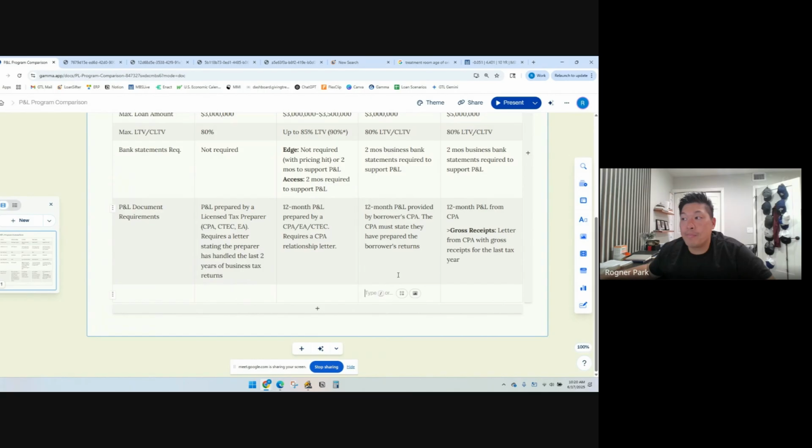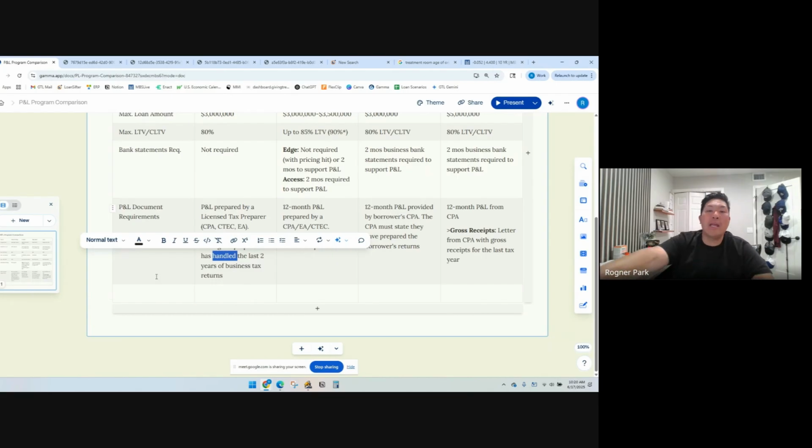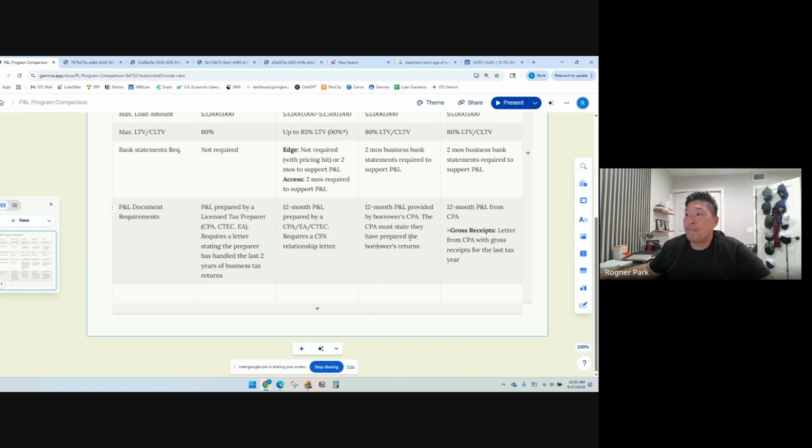Now, I'm sorry. Here it says handled. What does that mean? I don't know. This is straight from the matrix, but it says handle the last 2 years tax return. I'm getting this confused because there are other lenders. Here it is, CPA for AmWest. I'm sorry, my goodness, Mega Capital.